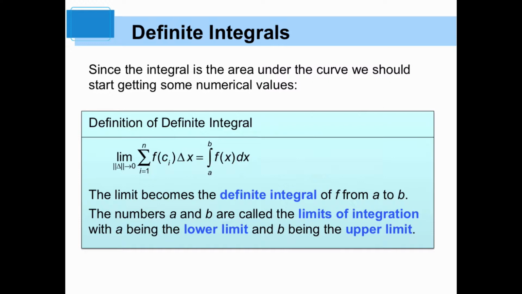Fancy calculus speak is upper limit and lower limit. Where do you start? Lower limit. Where do you end? Upper limit. So from here we're going to do two things. We're going to talk about some properties, and the properties aren't that difficult because we've actually been using those properties already. And then we're going to do some geometry.